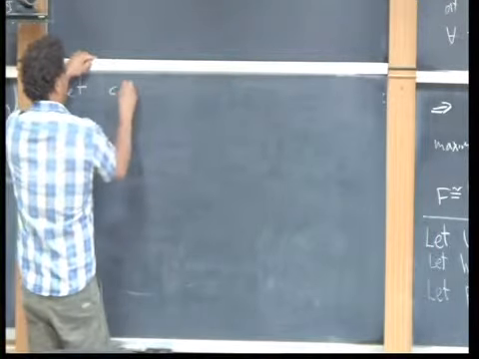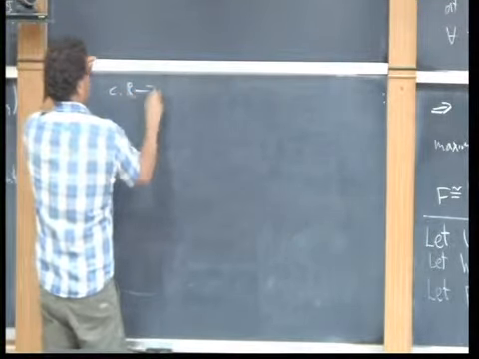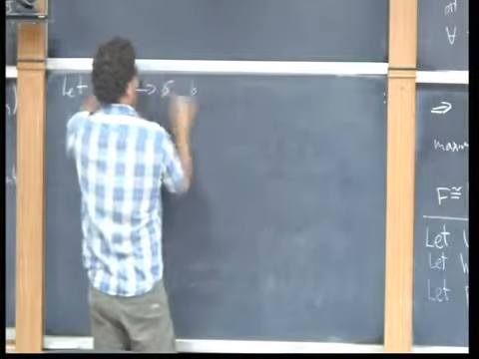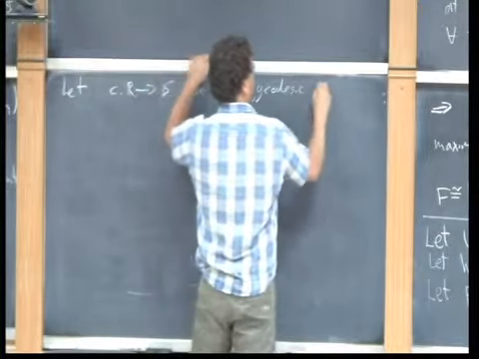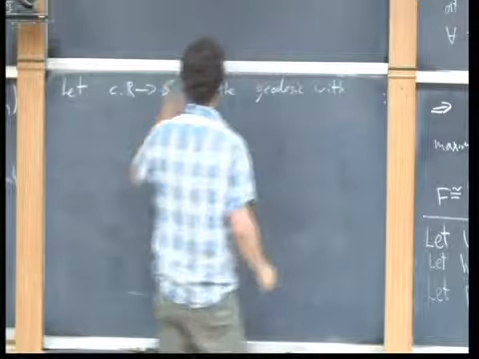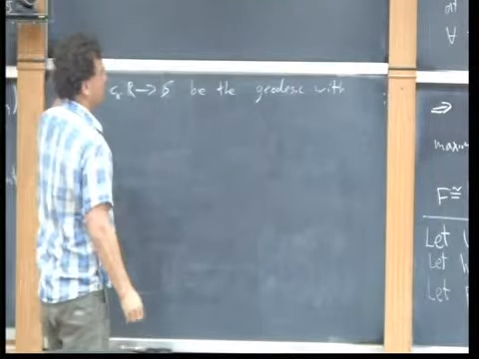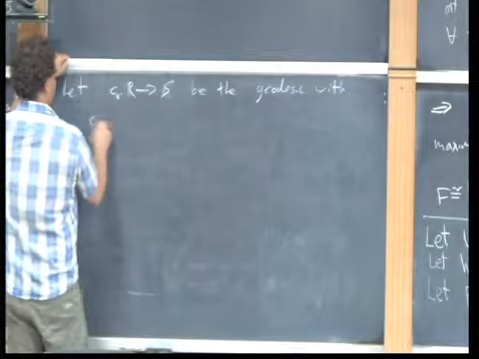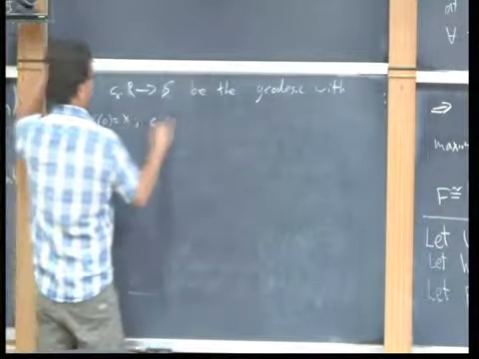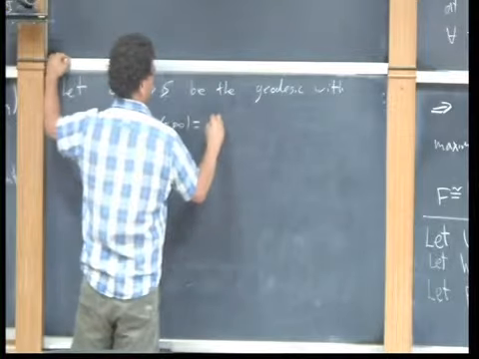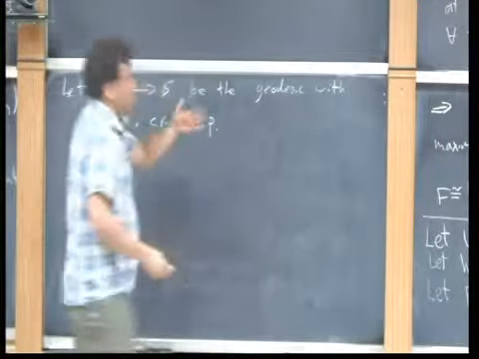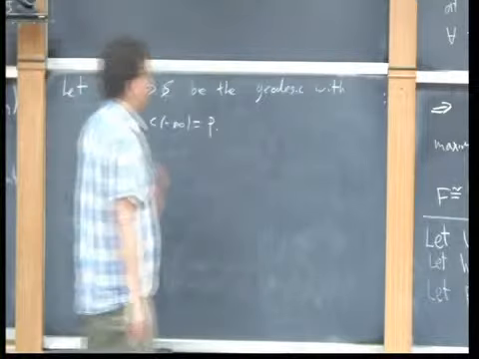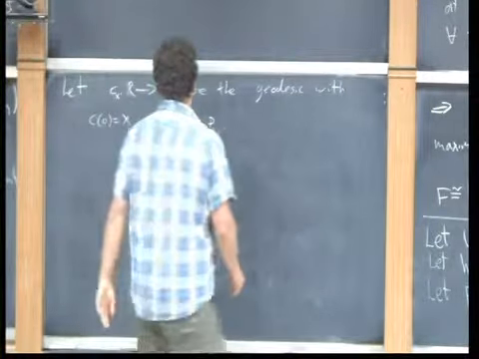Let first c from R to S be the regular geodesic, for every x, with c at 0 equals x and c at minus infinity equals p, the center of mass. Okay? So for every x, there is such a geodesic.